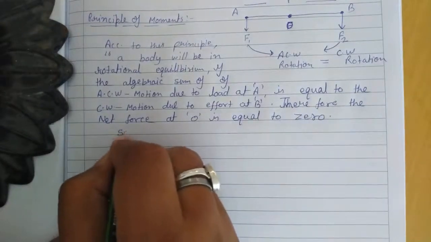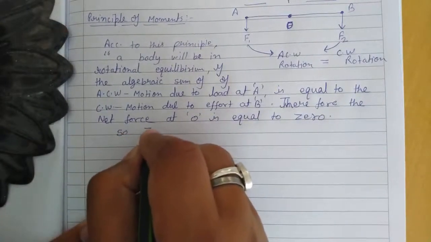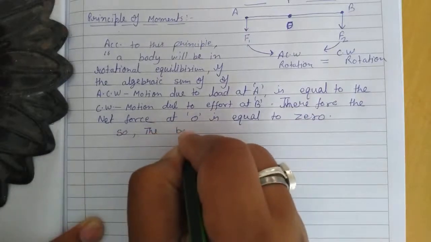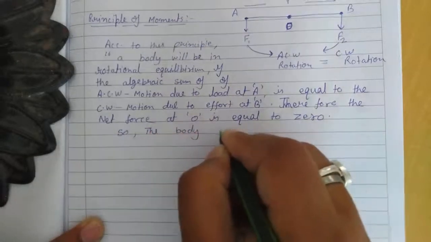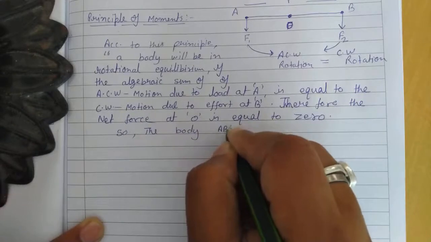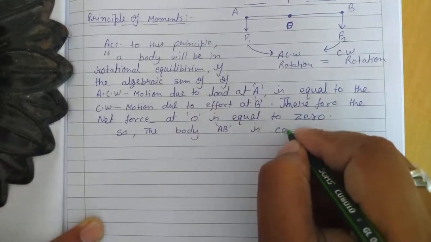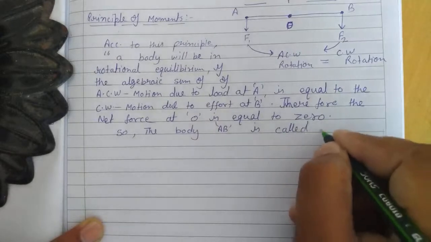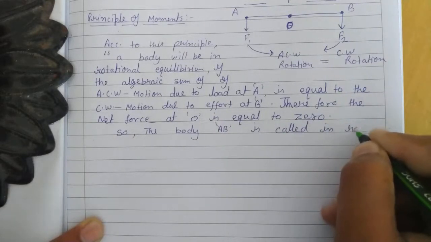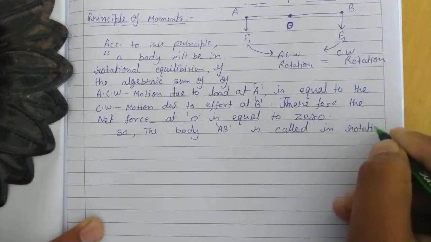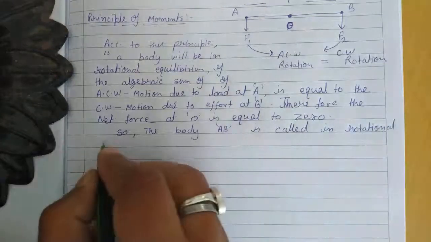So the body AB is called in rotational equilibrium.